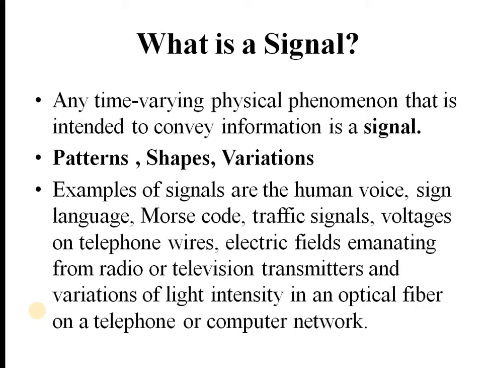Generally, some patterns that we observe, the shapes, the variations, all tend to convey some information for us. If you see different shapes on a blackboard, something like a triangle or a circle, irrespective of their sizes, we generally name them based upon their shape.